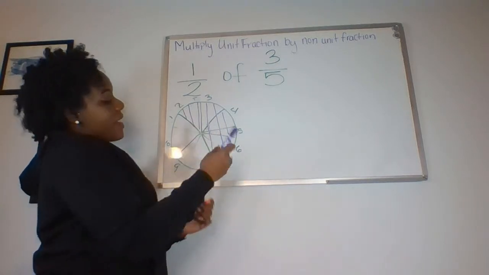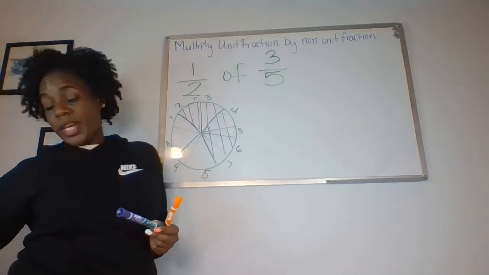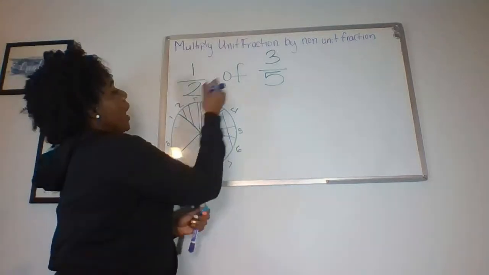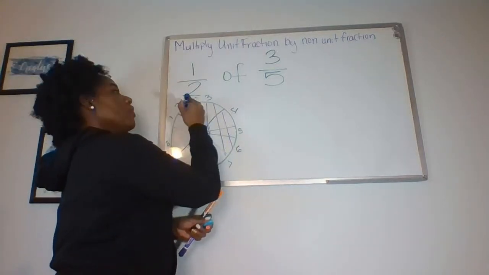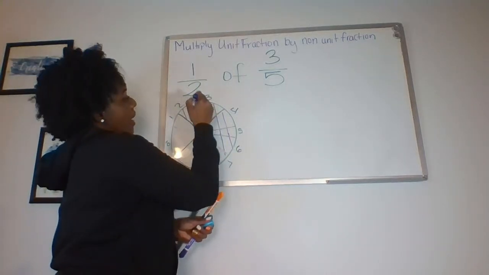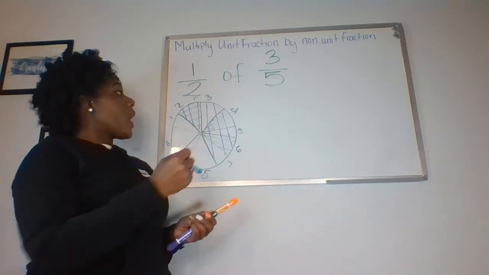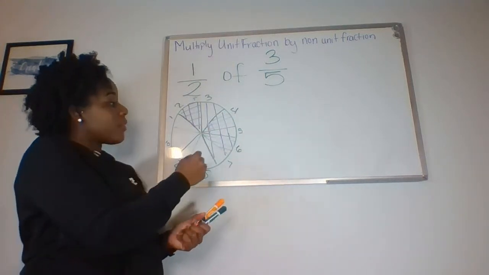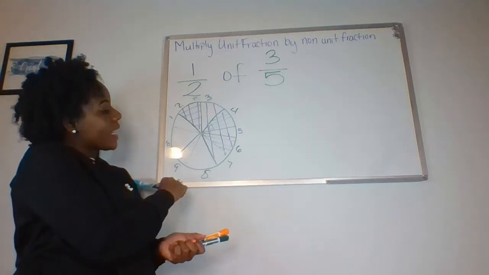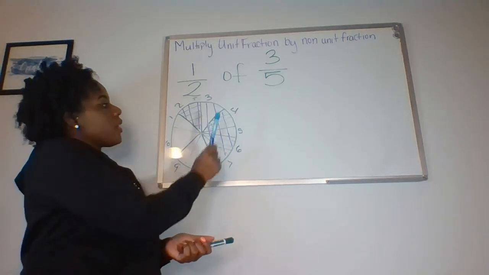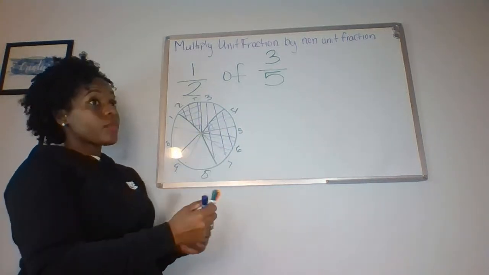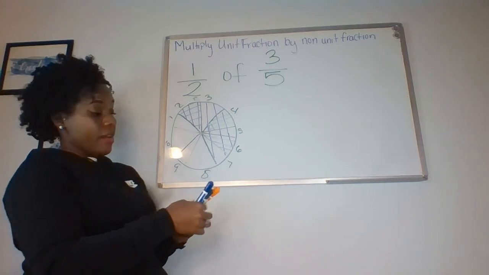Of the halves that we broke it up into, we have to shade in one of those halves. So then you ask yourself, how many of them have both the purple and the blue? 1, 2, 3. 3 out of the 5.